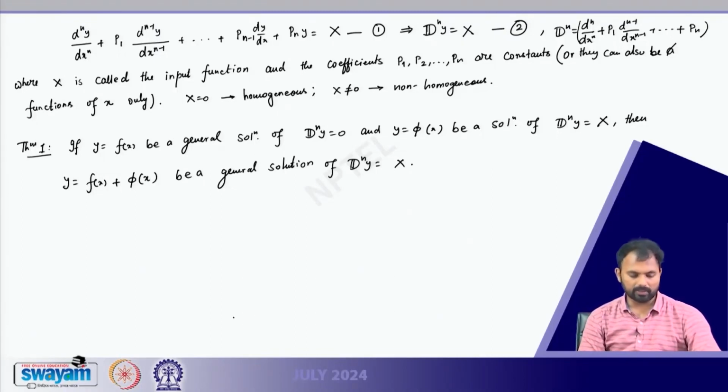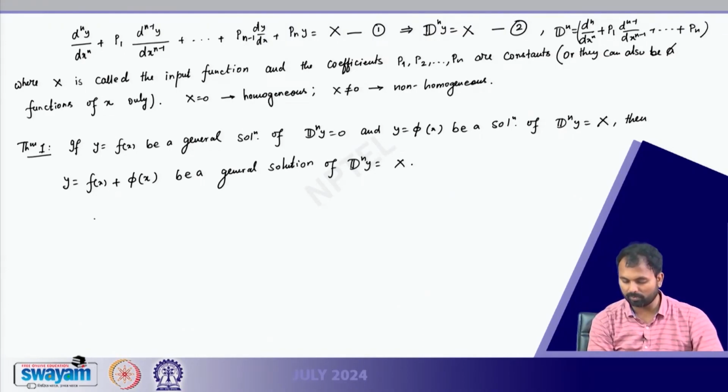This is also very easy to see, because we can substitute y = f(x) + phi(x) here. So, this is very straightforward. The proof is very straightforward.